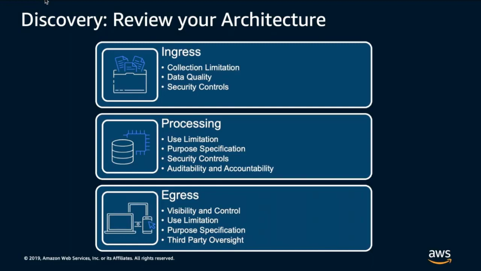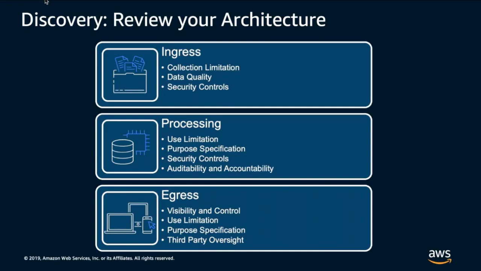Remember that privacy by design focuses on only using the data you need to do the job that you need to do to serve that customer. And so focus on things like the use limitation of that data. What purpose did you collect it for? Look at which controls you have in place and make sure that you're accountable and that you can understand who has access to that data when it's being processed.